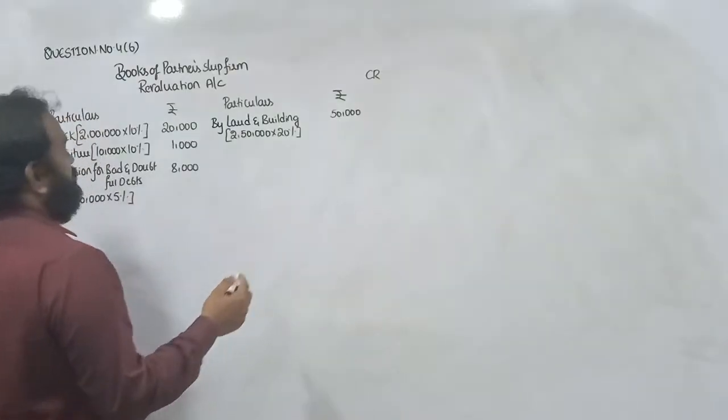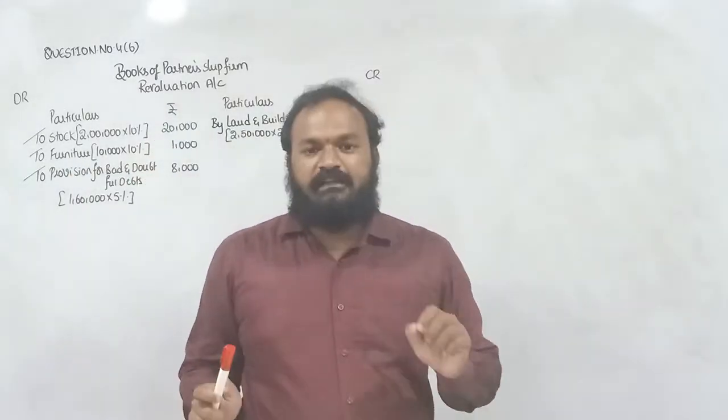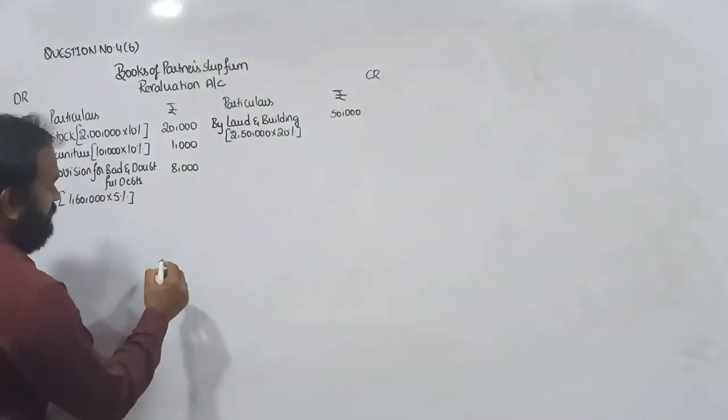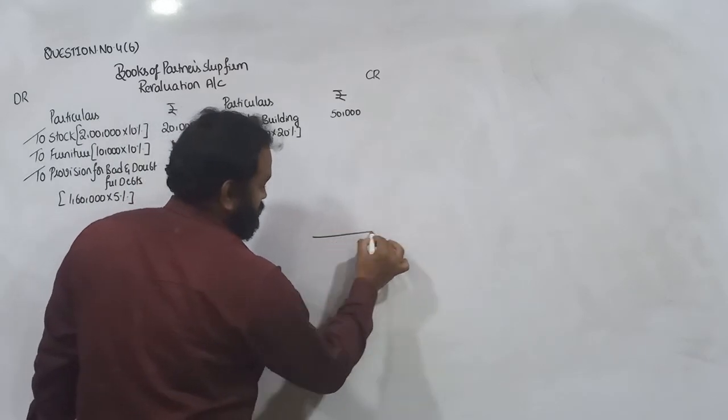It's how much? 50,000. So what is the profit in this account? 21,000 is to be shared between A and B in the ratio of 3:1.